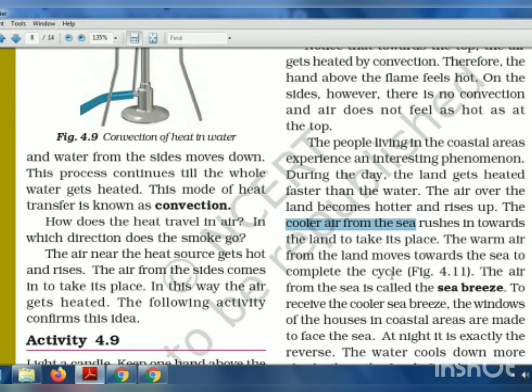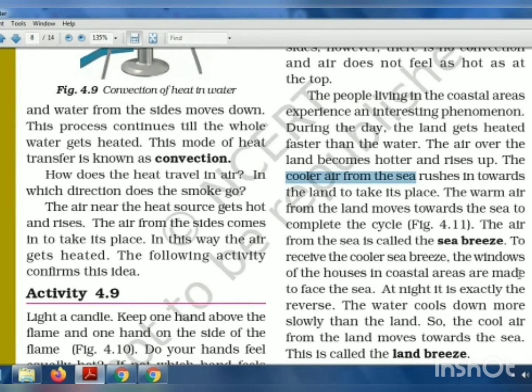The air above the land gets heated up, rises and moves towards the sea, whereas the cool air above the water starts moving towards the land. The cool air that is coming from the sea is called sea breeze.